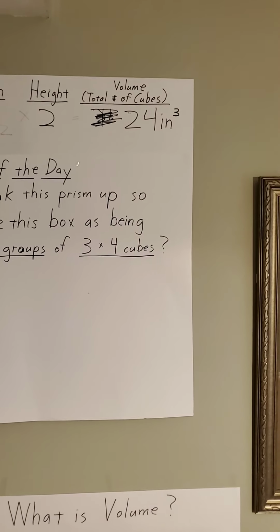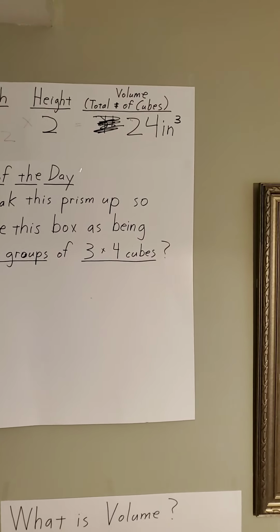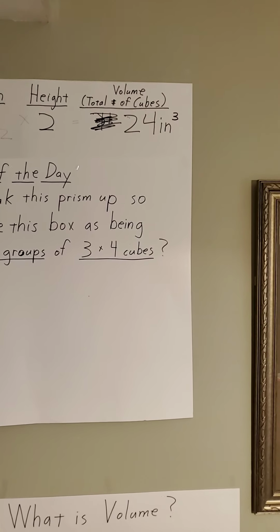Once again, what does 3 times 4 represent? 3 times 4 is how many cubes have to be in each group. So once I break this prism up into two groups, each group has to show 3 times 4 cubes.